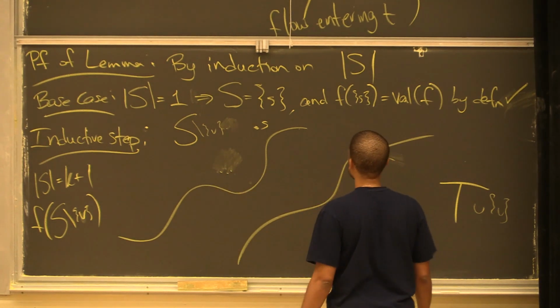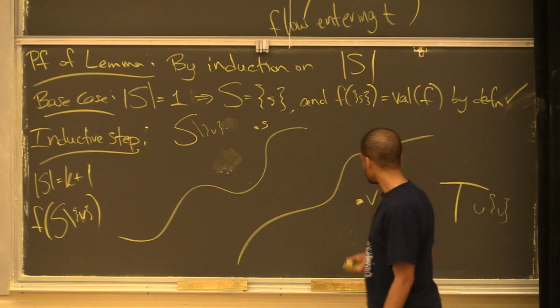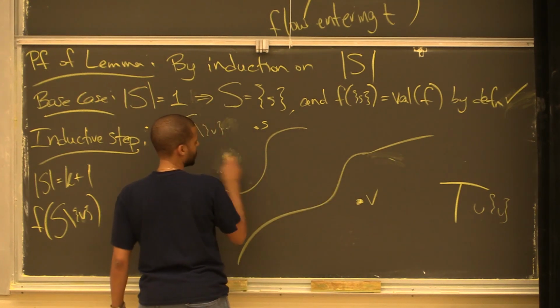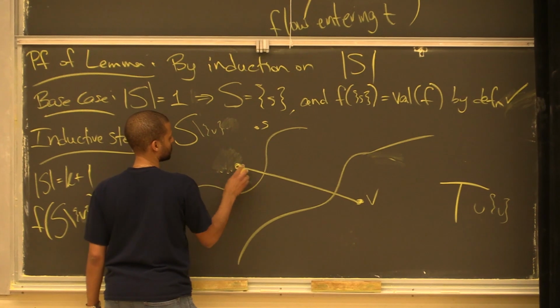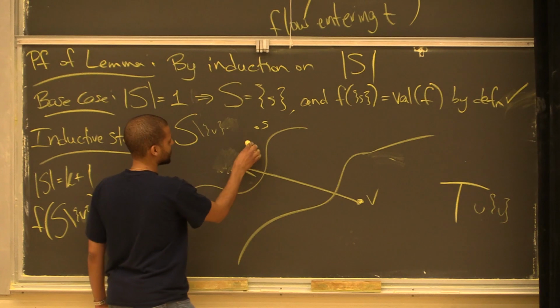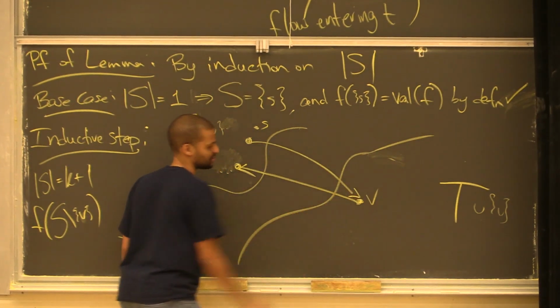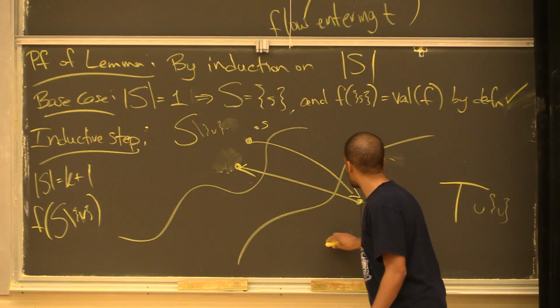Well, there are 4 types of edges involving little v. There are some edges that from little v go into S minus little v. So there are edges that look like this. There are also edges that start on this side and go to little v. There are also edges that leave little v but stay on the T side.